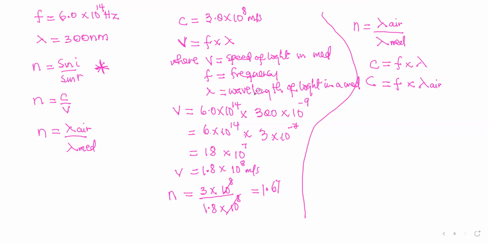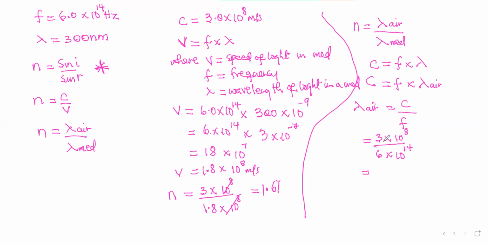So the frequency of light is a constant. Therefore, the wavelength of light in air is equal to the speed of light in air divided by the constant frequency of light. What is the speed of light in air? 3 times 10 exponent 8 divided by the frequency of light, which is 6 times 10 exponent 14.